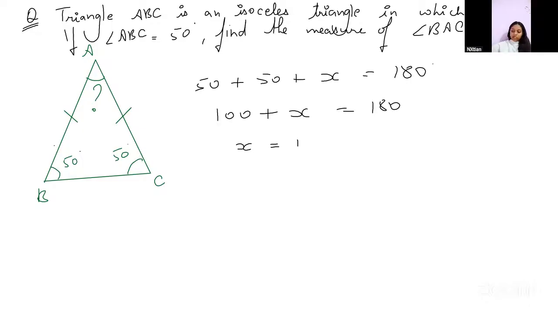X is equal to 180 minus 100, 80 degree. Angle BAC is 80 degree.